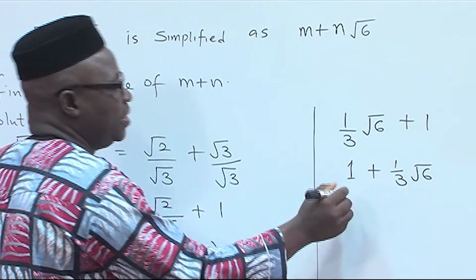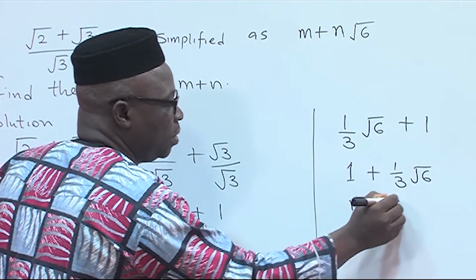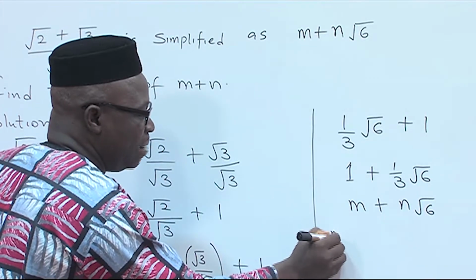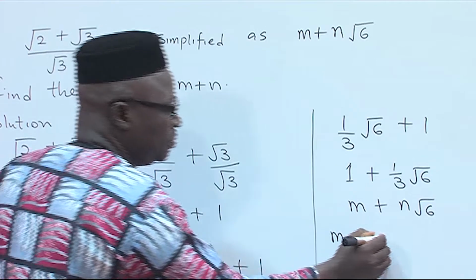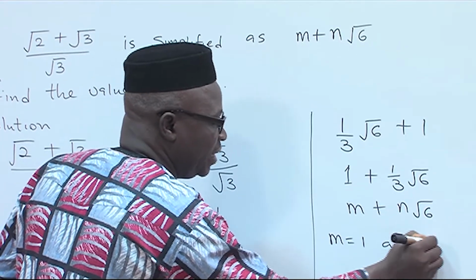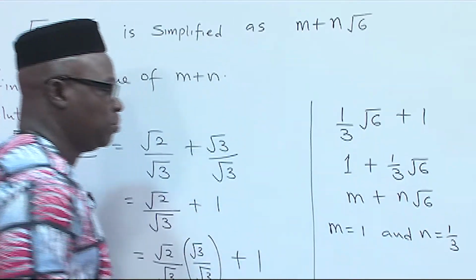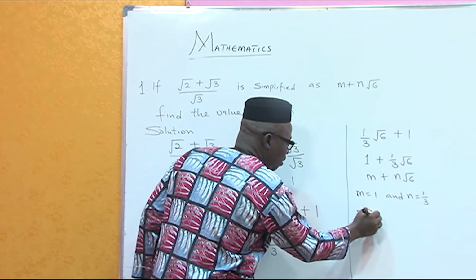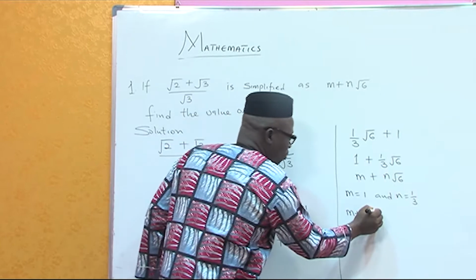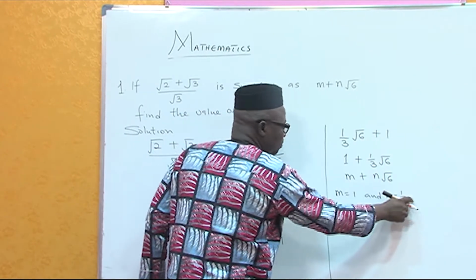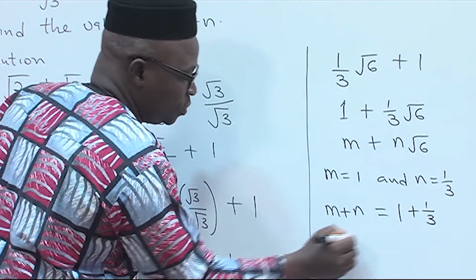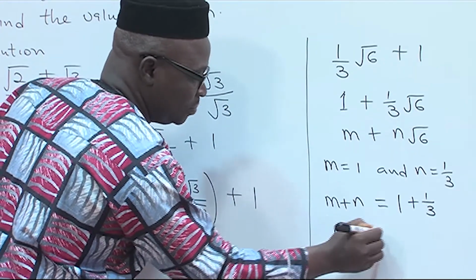If I compare this with m plus n root 6, it implies that m is the same as 1 and n is going to be 1/3. The examiners want me to find the value of m plus n. So I need to add 1 and 1/3 together.